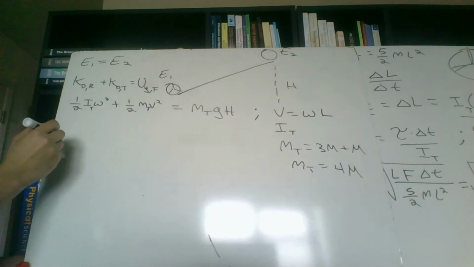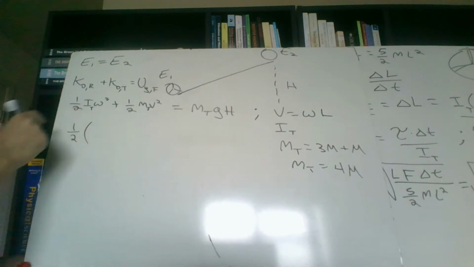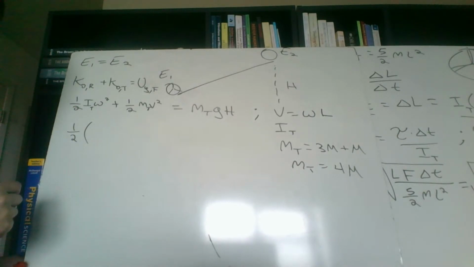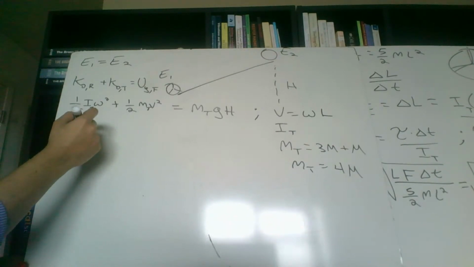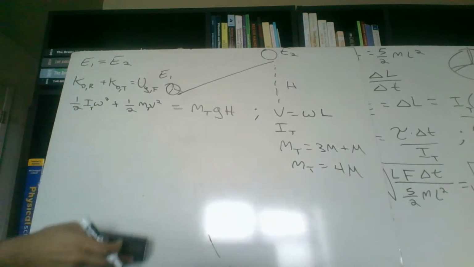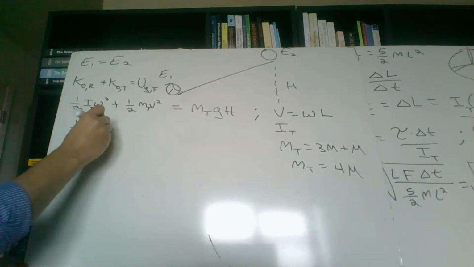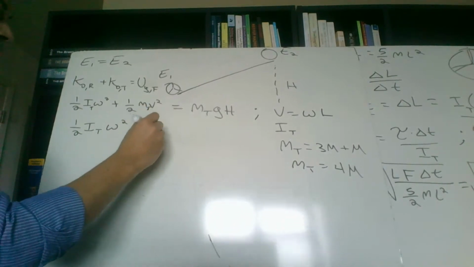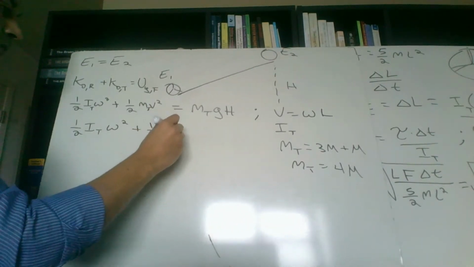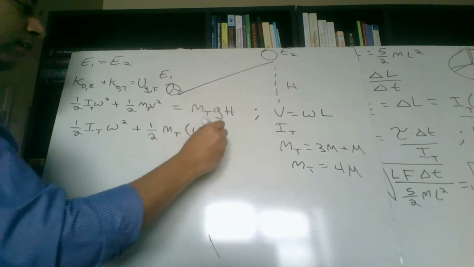You get 1/2 I total times omega squared plus 1/2 m total times v squared, which is omega times L squared.